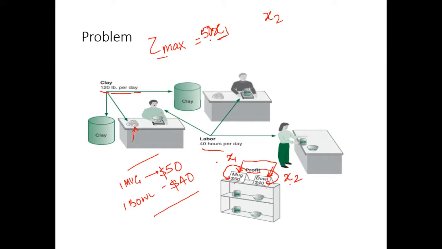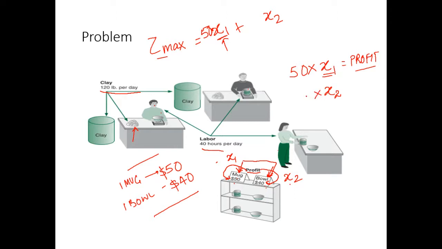So if I sell X1 mugs, $50 multiplied by X1 is the profit I make by selling mugs. How many mugs? X1 mugs. So this is one, and I don't know this now, I have to find this. This is the decision variable. Similarly, X2 is the number of bowls I make.